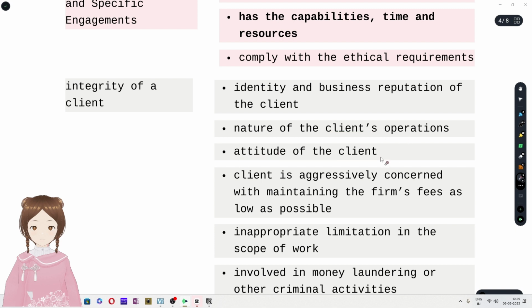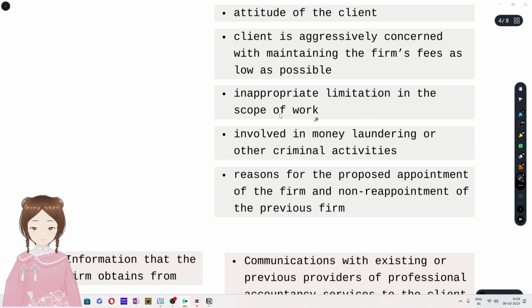Then the attitude of the management: is the client aggressively concerned with keeping the firm's fee as low as possible, inappropriate limitation in scope of work, that is restricting the auditor's work, involvement in money laundering or other criminal activities, or the reasons for the proposed appointment of the firm and non-reappointment of the previous firm. What are the reasons for shifting the auditor?